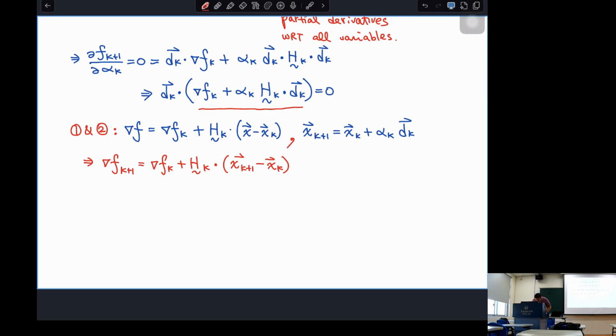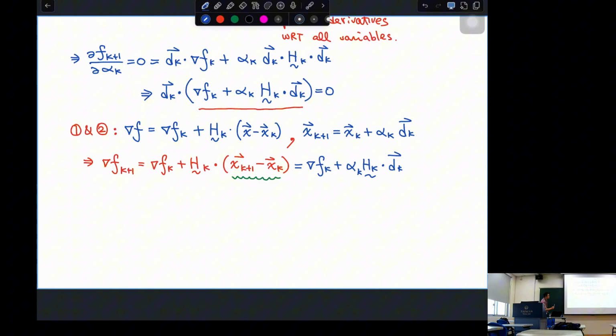Right here, this part can be rewritten as some terms on the right hand side of equation 2. So I can rewrite this as dot product with dk, right? And with a pre-multiplier of alpha k.